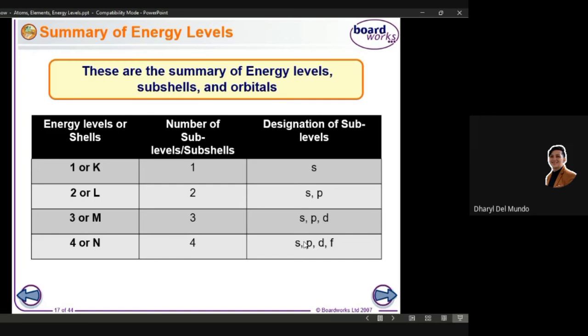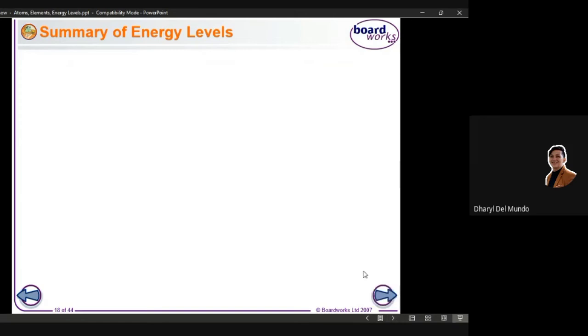And the designation of sublevels is S for 1, S and P for 2, S, P, D for 3, and S, P, D, F for 4 subshells. So next meeting, I want you to have your periodic table of elements and we are going to locate these sublevels S, P, D, and F in your periodic table. Is that clear? So that you will understand these numbers and letters in your periodic table of elements.